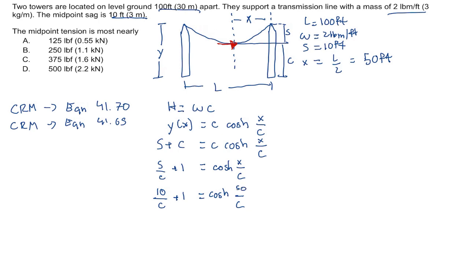All right, so now we have this function here that we have S, we have C at the bottom here, also C at the bottom here. Now that's tough to solve for. So to solve for it, we're going to have to go through an iterative process. So to do that, we're going to make a table.